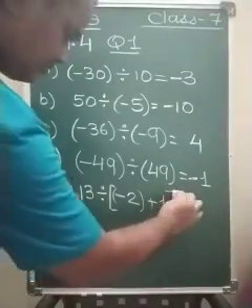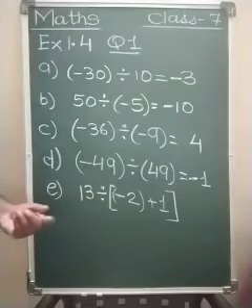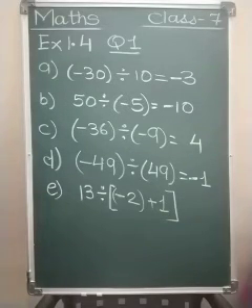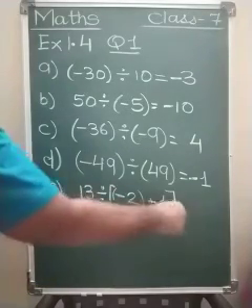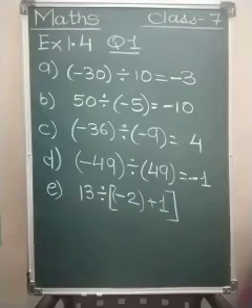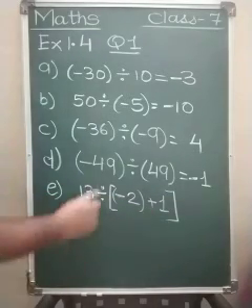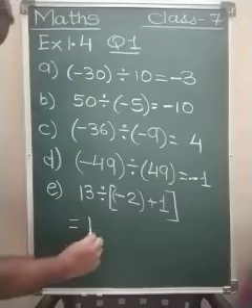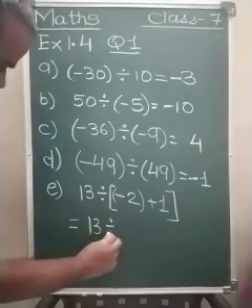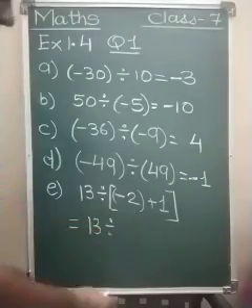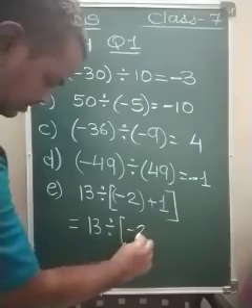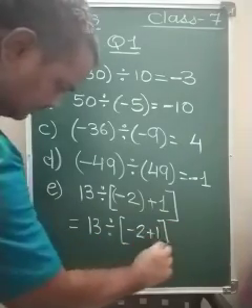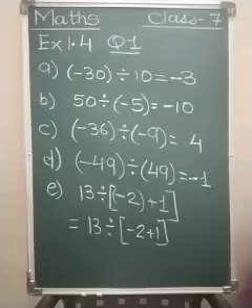Okay. Now here we will have to do a bit of solving, because a bracket is there, so as per our BODMAS method, we will first solve the bracket. So this equals 13, we will keep it like that only, divided by minus 2 plus 1. I will rub out the top part.